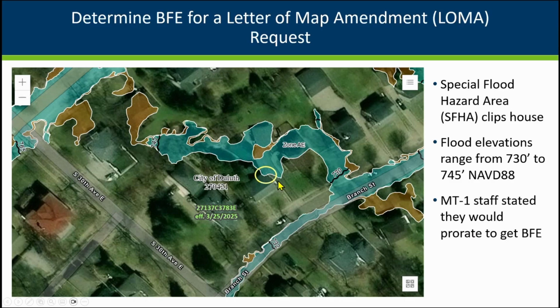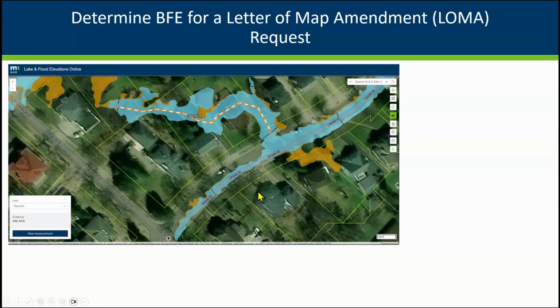So I thought, okay, when I heard that, I thought that makes sense. I can see why they would do that. But then I decided to try doing the prorating on this site. And in our lake and flood elevations online viewer, we do have a measuring tool. So I measured the distance between the 730 and the 745, and that's about 300 here.